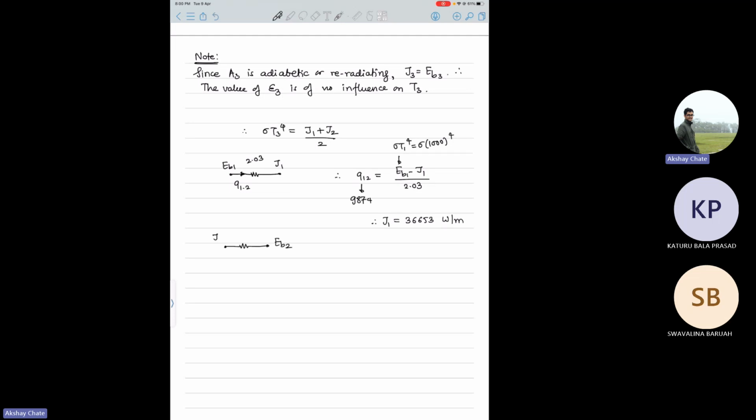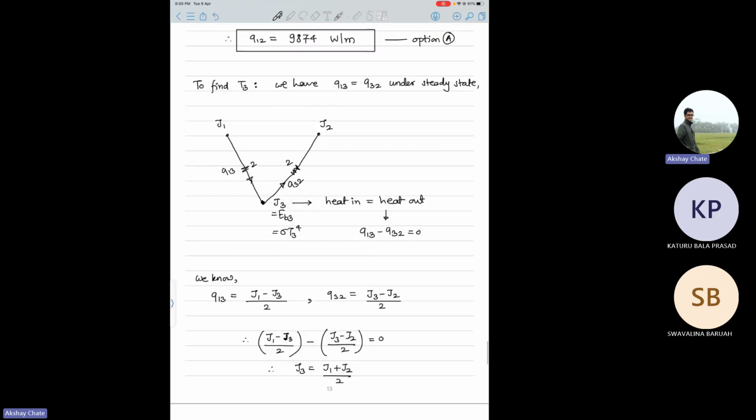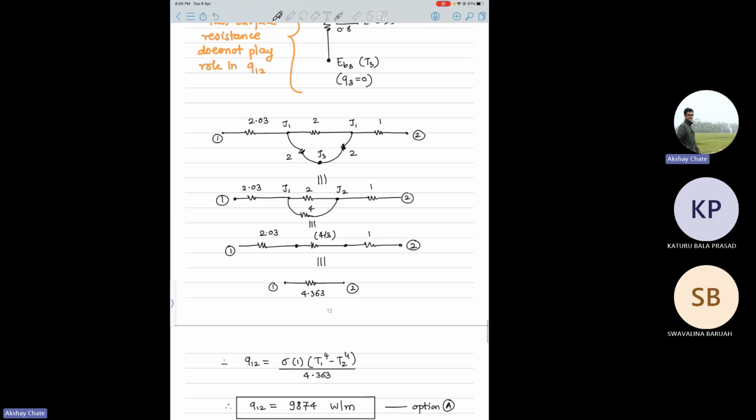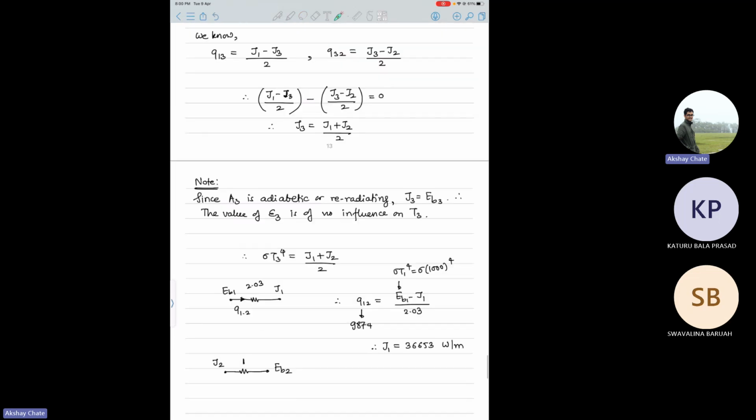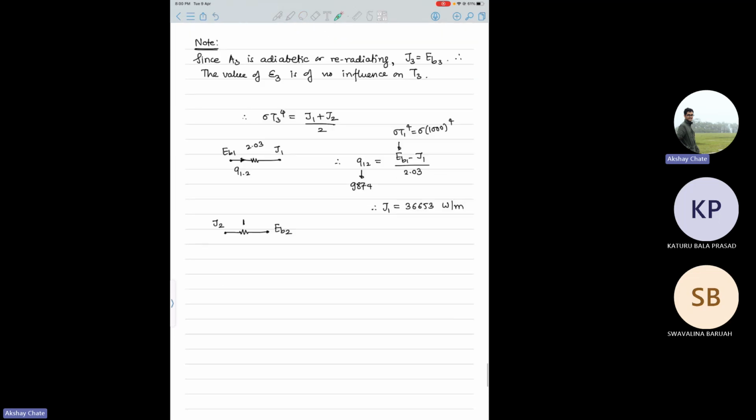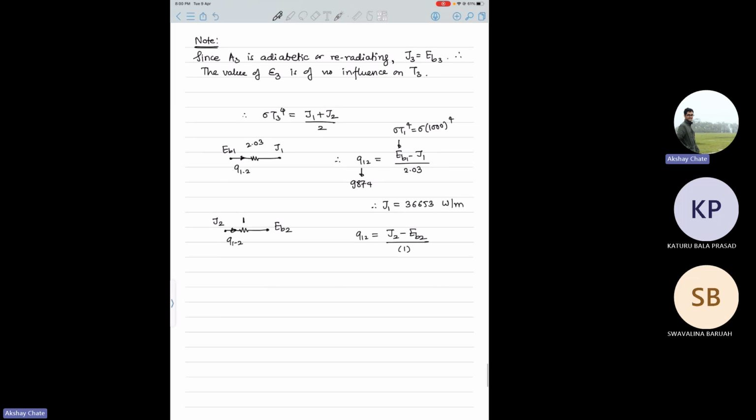So take the last leg, where the resistance is 1. I'm talking about this last part. So here again Q1 to 2 is flowing. So Q1 to 2 is nothing but (J2 minus EB2) divided by the resistance, which is 1.